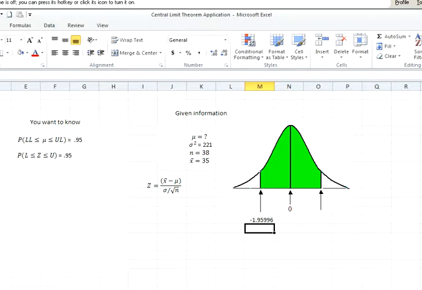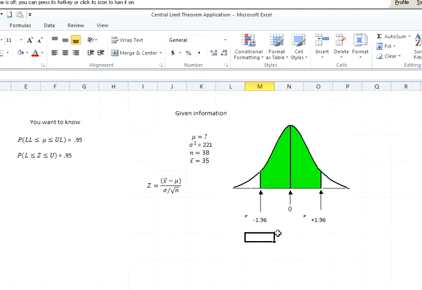1.96. So you can see this number is 1.96, and because of the symmetry of the distribution, that number must be positive 1.96, right? So these are called z cutoff points. So let me just make it 1.96. Okay, so we got it. So those are the z cutoff points.